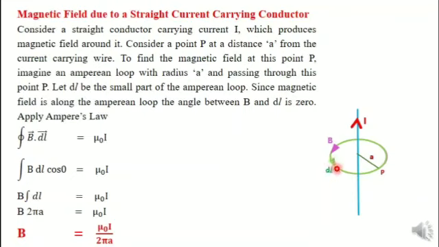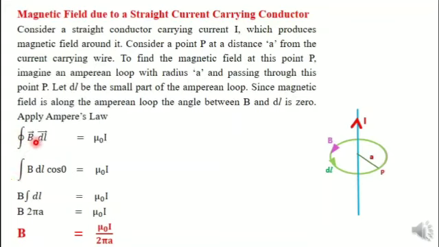Since magnetic field is along the Amperian loop, the angle between B and dl is 0. Apply Ampere's law. Closed integral B dot dl equals mu 0 into I. Since Amperian loop has only one part, closed integral can be replaced by the ordinary integral.